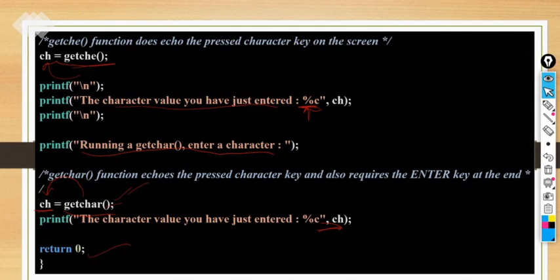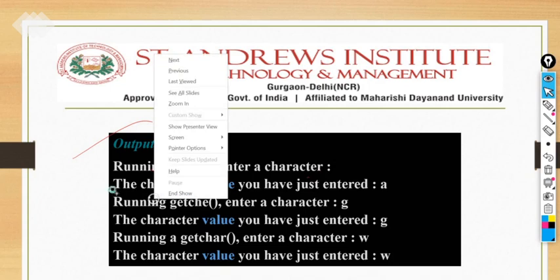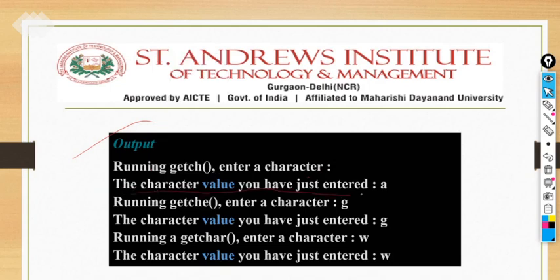So the output is: running getch, enter a character, then the character value you have just entered is A. Let's assume the user pressed A. Running getche, enter a character; now the user entered the G key on the keyboard, and it shows the character value you have just entered, G. Running getchar, enter a character: after entering the character, the user needs to press the Enter key.